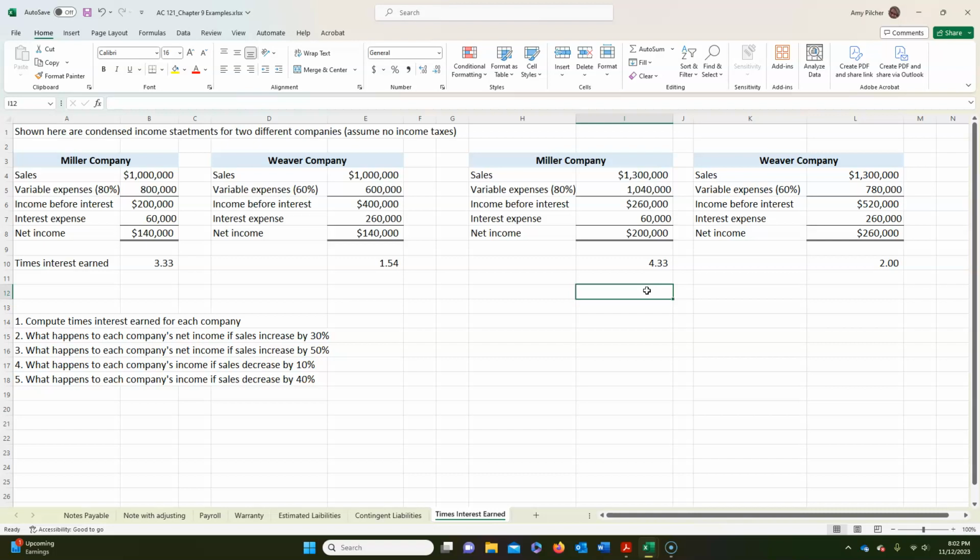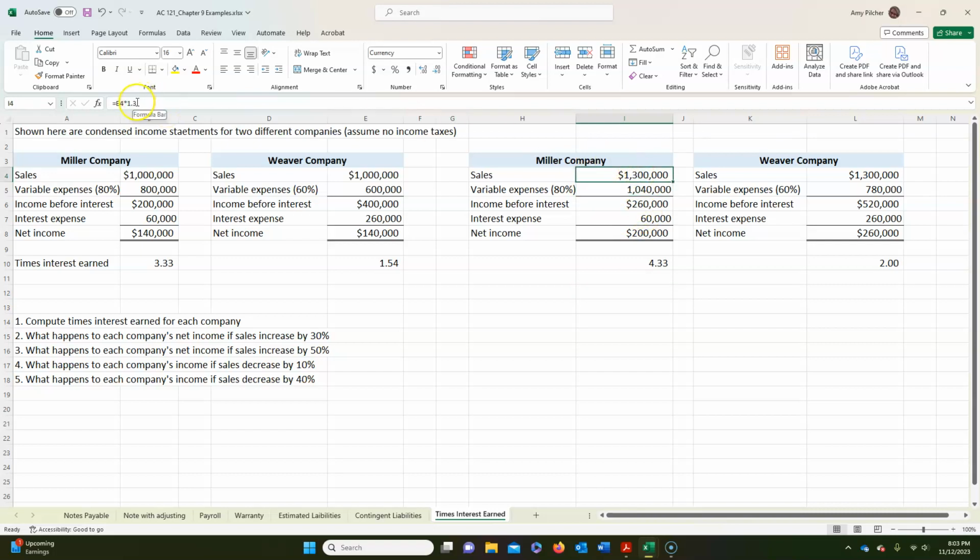It really is just a question of how volatile they are, how dependent they are on sales in order to pay their bills. This is also the reason why everything that you put in Excel should be a formula: it allows us to easily do this what-if analysis where we just change the amount of sales. Everything else in the income statement automatically changes because we have our formulas set up.